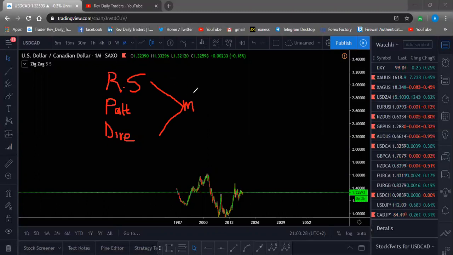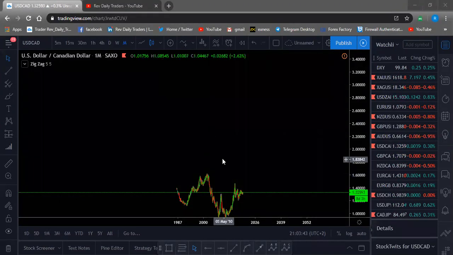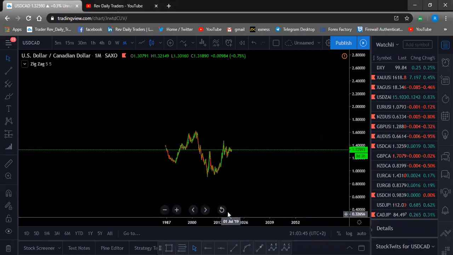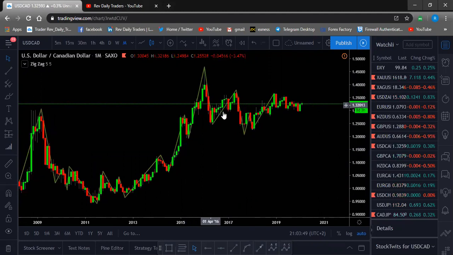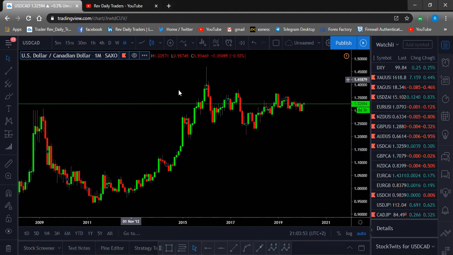We're going to show you how we draw our trend lines, how we look for a pattern, how we look for a direction, okay? So, on monthly, all we do as Rev Daily Traders, let me remove. Okay.